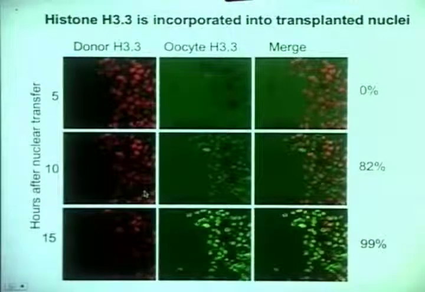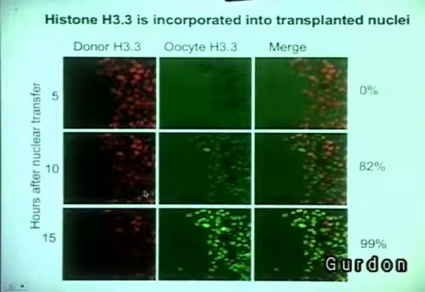And you can see that this H3.3 histone moves into transplanted nuclei after the linker histone, between 10 and 15 hours, quite a substantial occupation of transplanted nuclei by the histone H3.3.